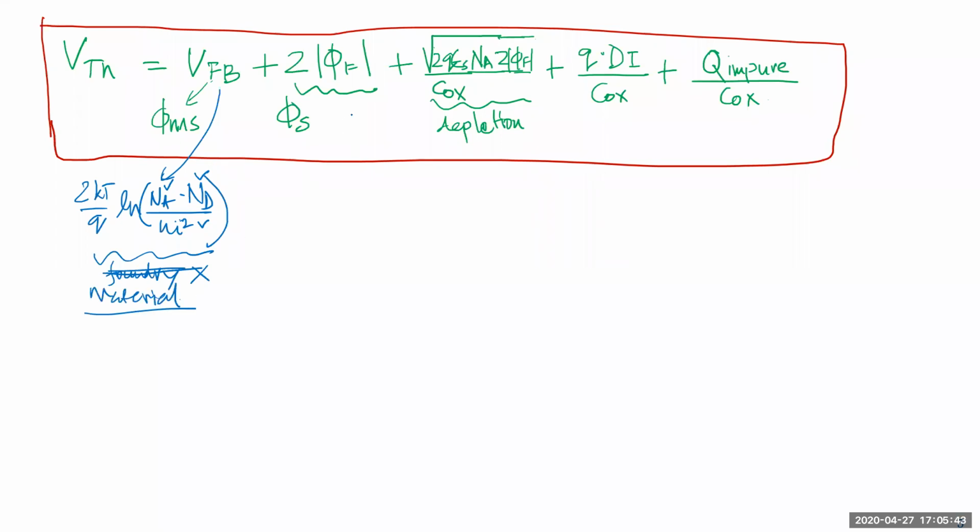Okay. What about this one here? What's phi naught? That's also 2 times 2, which is 4 kT over Q, ln of Na by Ni. Same thing again, so you don't have any control. This is physical.